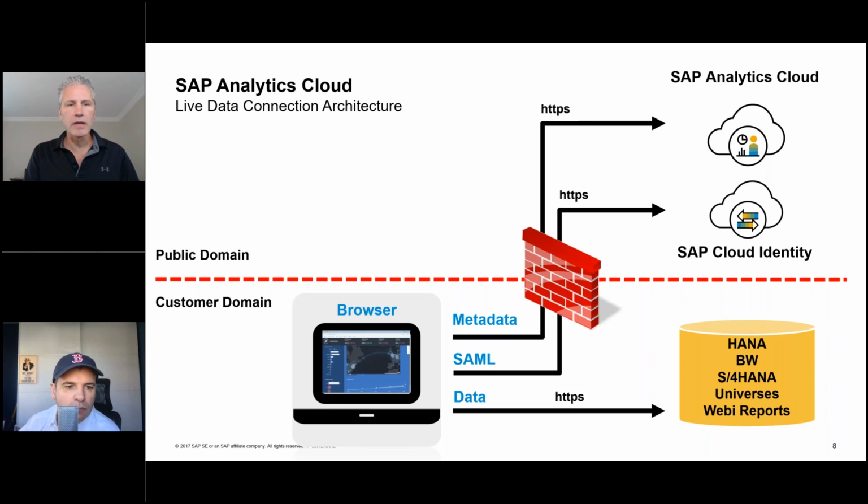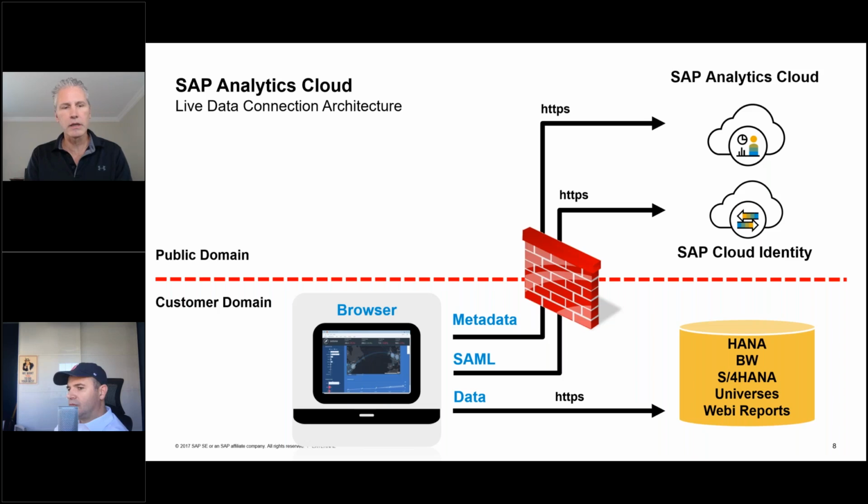Just a couple words on SAP Analytics Cloud as to how we do live connectivity here, because this is a cloud-based analytics as a service tool. This tool works natively in your browser, and it can connect directly, behind your firewall, to the HANA data source live. The SAP Analytics Cloud tool is outside your network, but that only contains the metadata.